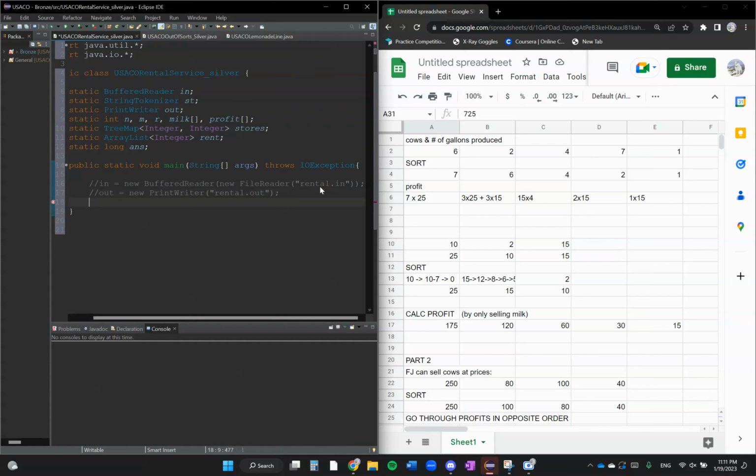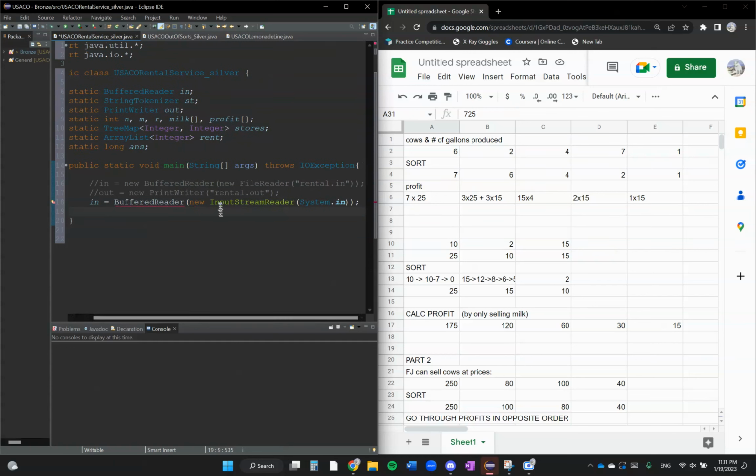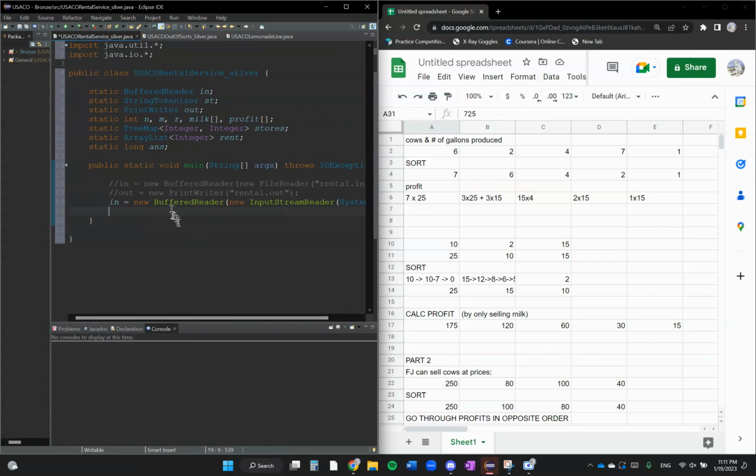So for now it's going to get the input from console. Is that wrong? BufferedReader. Is that wrong? I imported java.io. Oh, new. Oh my god. Okay, pretend that did not happen.